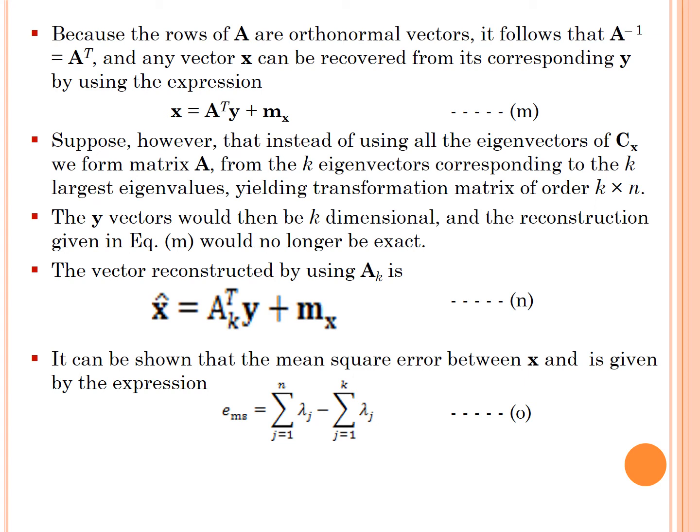The vector reconstructed by using A_K is x-hat equal to A_K^T y plus m_x. It can be shown that the mean square error between x and x-hat is given by the expression e_ms equal to the summation of lambda_j for j equal to 1 to n minus the summation of lambda_j for j equal to 1 to K.